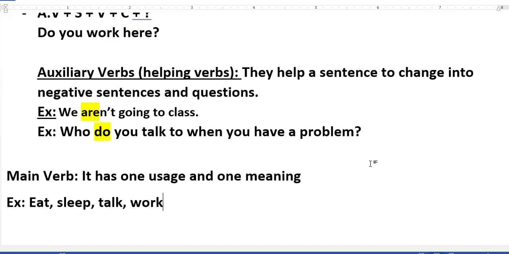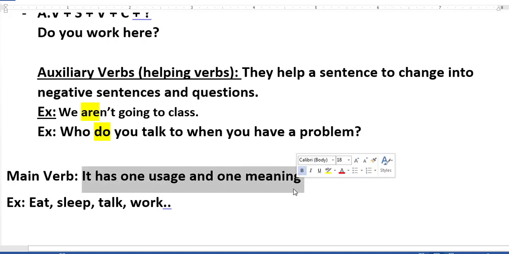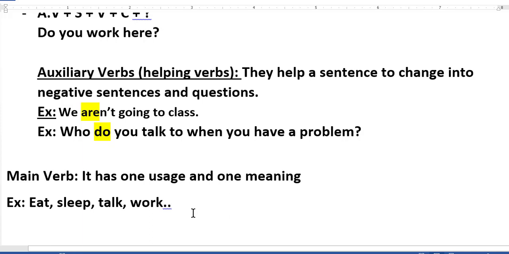Okay, we have another type also, modal auxiliary verb. So eat, sleep, talk. This is what? A main verb. It has one usage and that's it. It's very short. It's not according to the book. I made it very short, easy to understand. All right, guys? Yeah, that's it. So there we go for this one.